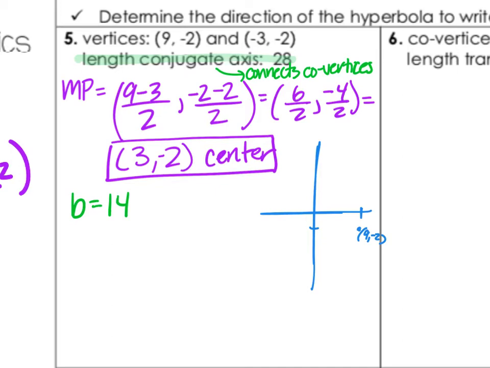And -3, -2. So you can see that your vertices are here and here. And the distance between those vertices is horizontal. So this is going to be a horizontal hyperbola. And that would put your center here at 3, -2.